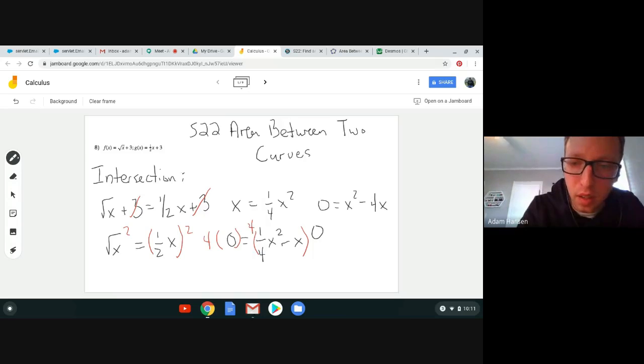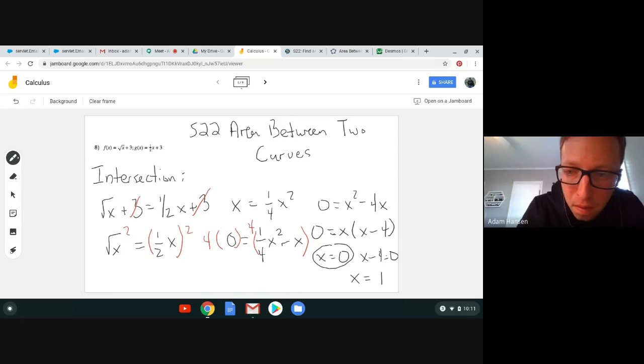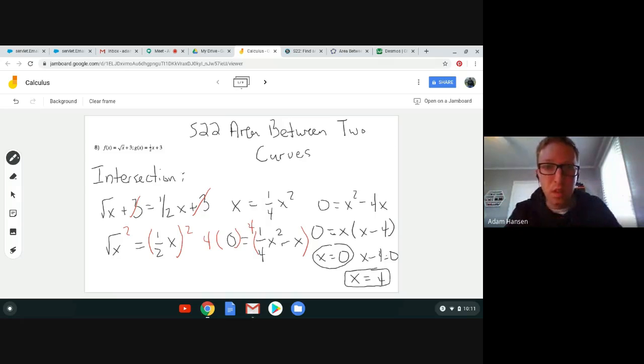To solve by factoring, I'll have 0 equals x times quantity x minus 4. And our two solutions are where x equals 0 and x minus 4 equals 0, so that would be at 0 and 4. These two functions intersect for when x equals 0 and x equals 4.